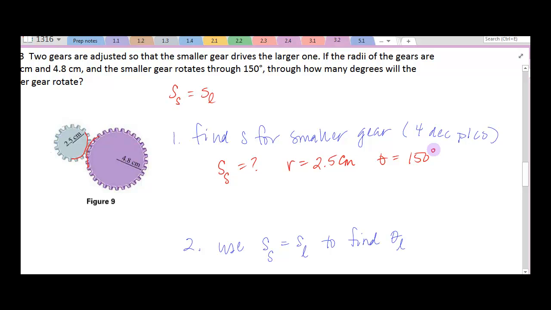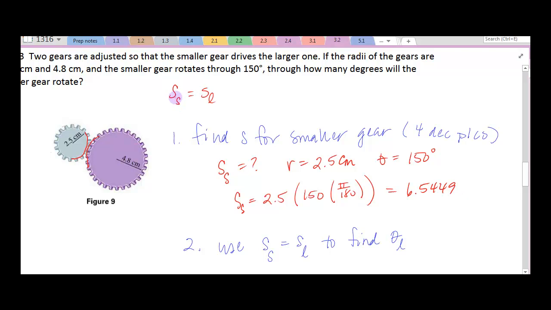So we're just going to plug that into the formula, and we see that 2.5 times the 150 for theta, but don't forget theta's got to be in radian measure, so I multiply that times pi over 180. When I plug that into the calculator, I find to 4 decimal places this is 6.5449.